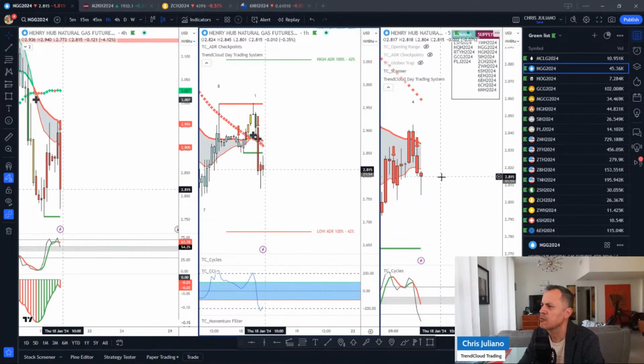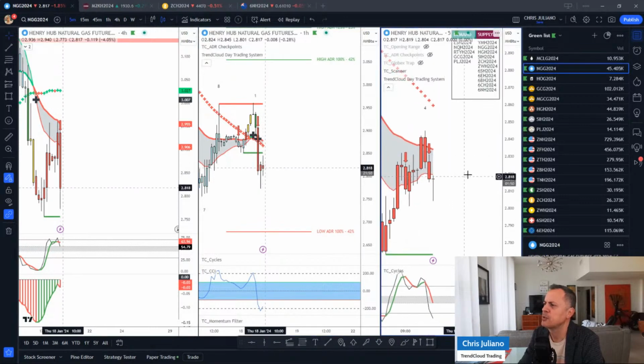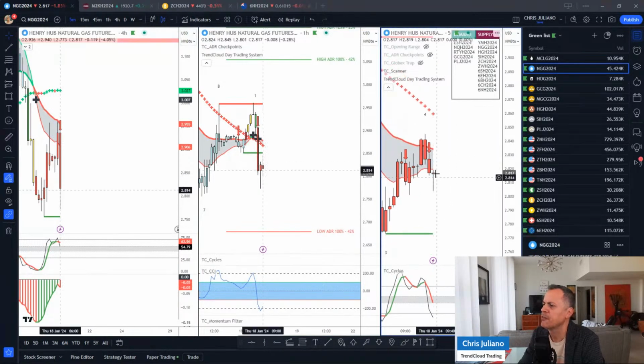Right here, that natural gas got us in. It's pulling back here, but this would have been an entry to natural gas right here. But natural gas is pretty expensive.